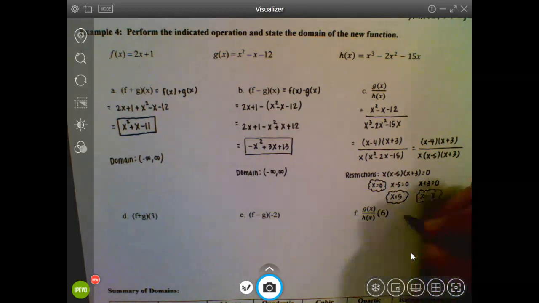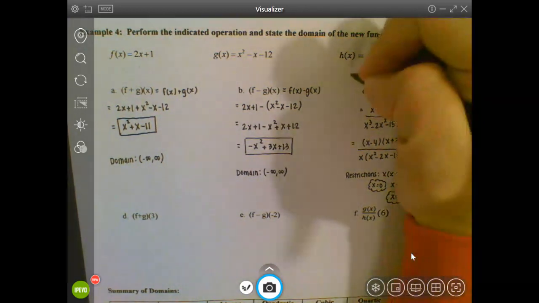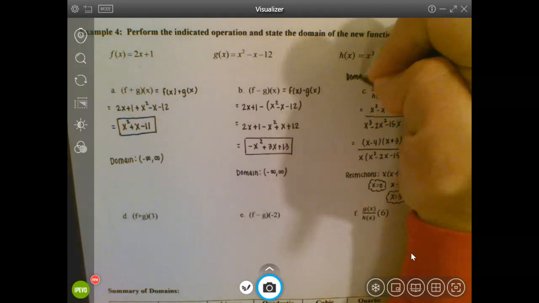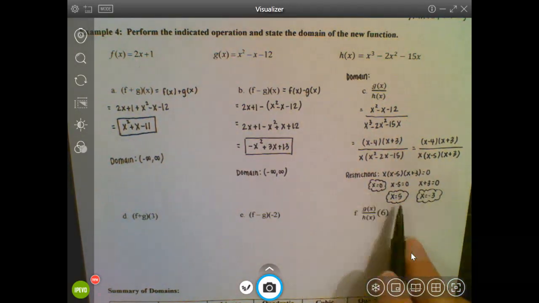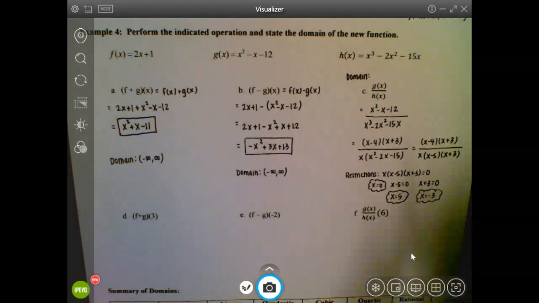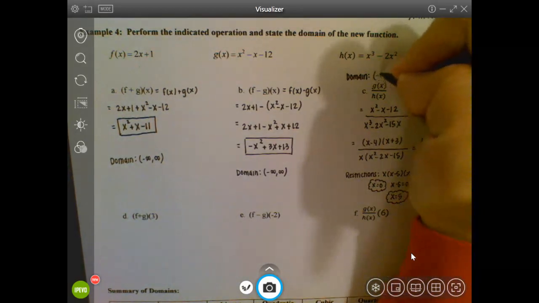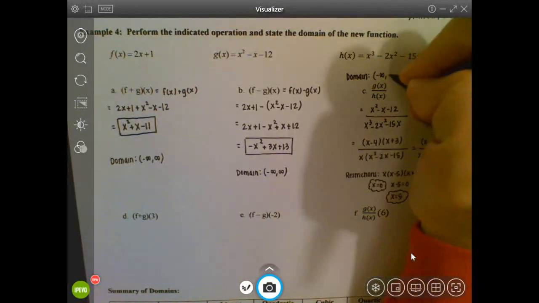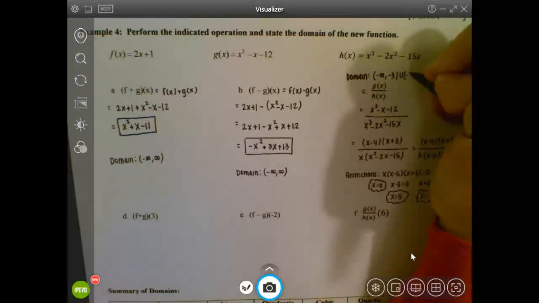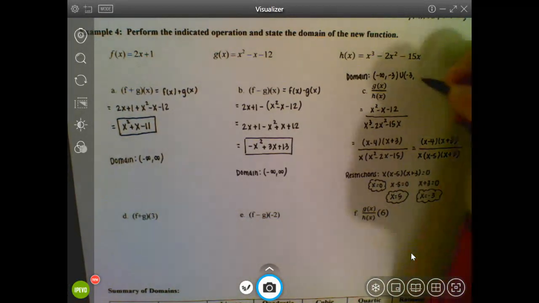So the domain, and I'm going to actually write it up here because I'm running out of room down there. So the domain is going to be where x can't be equal to 0, x can't be equal to 5, and x can't be equal to -3. But again, I'm going to rewrite that in ascending order. So -3 is going to come first. 0 is going to come second.